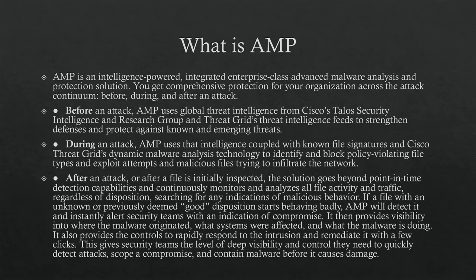And this team is working day and night, 24/7, just to update the signatures. Then during the attack, it uses the intelligence coupled with known file signatures and Cisco Threat Grid's dynamic malware analysis technology to identify and block the policy violation file types.